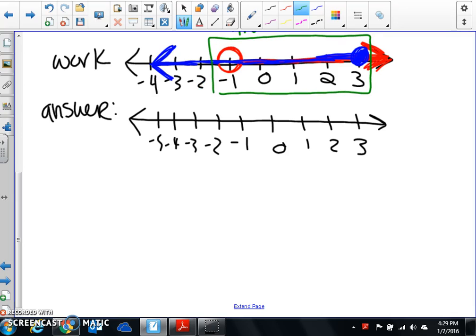So I go to -1, I put the open circle. I go to 3, where it's a closed circle, and then I just shade in the middle. Notice there should be no arrows because that is the only part where they intersect. That's my answer.